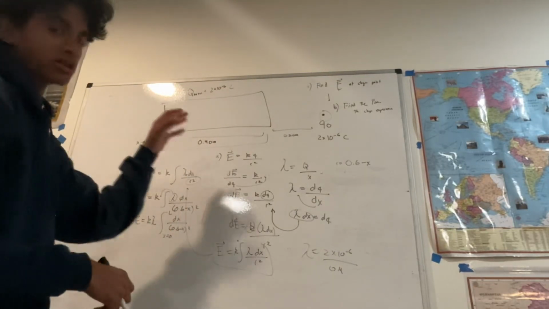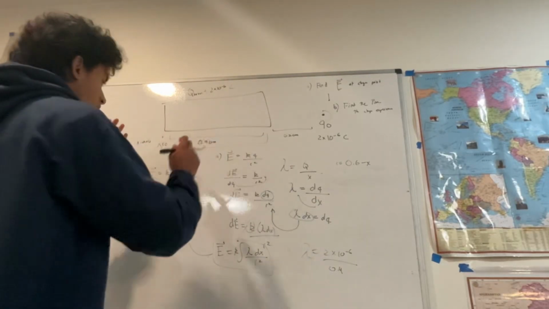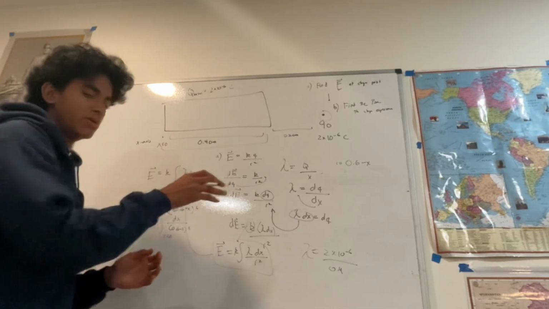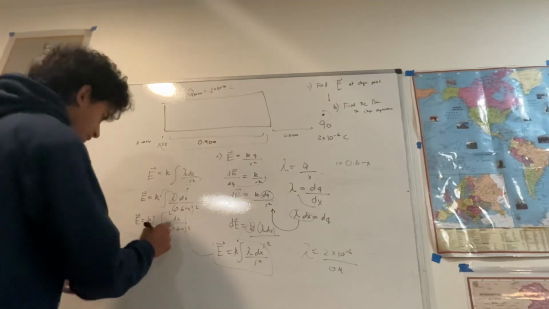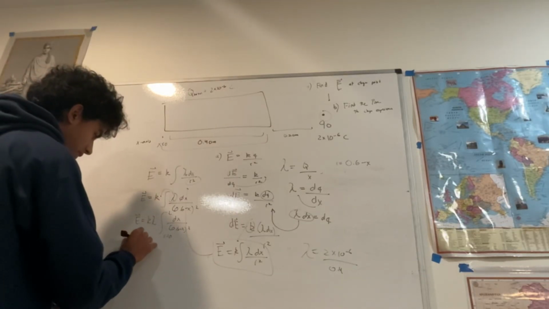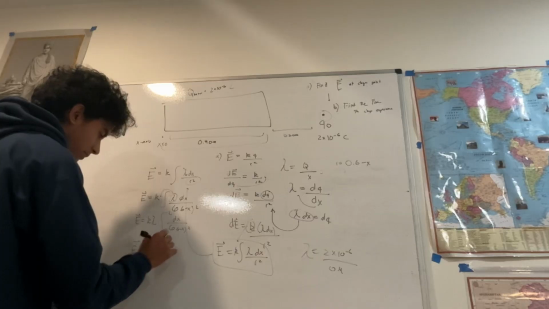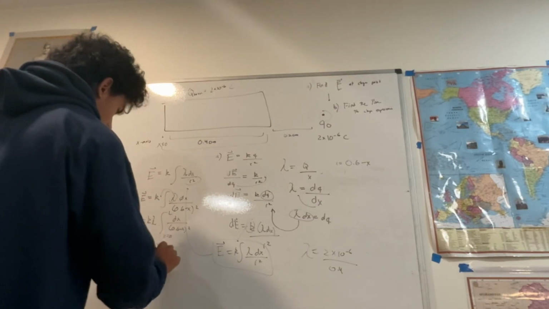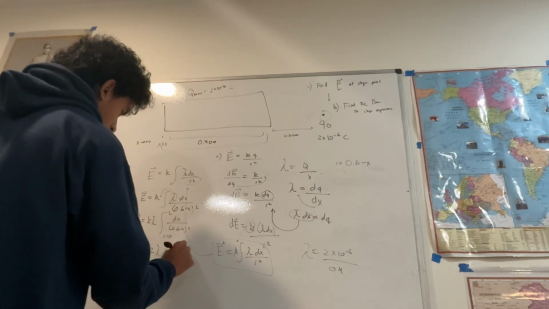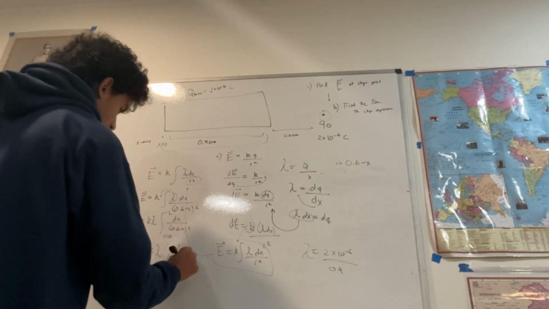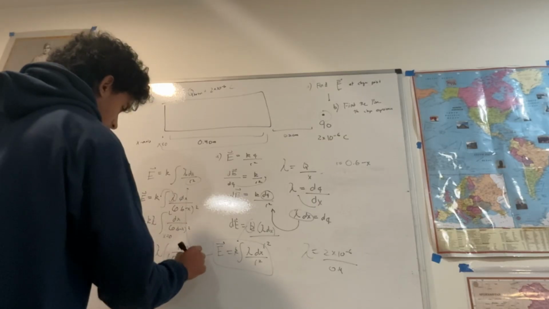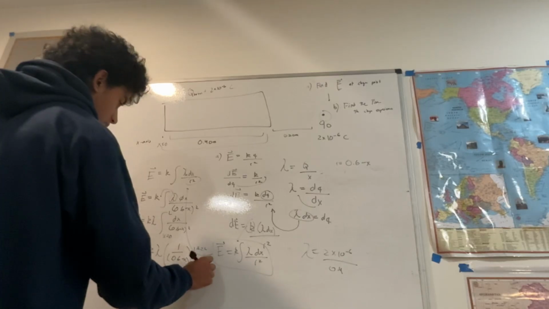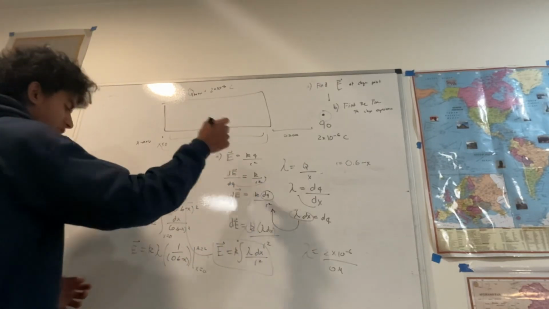So what is the electric field that this is producing? We're going to be integrating all the little dq's that this entire rod will produce. So given this integral, we can actually evaluate this. K lambda, and this is just a simple integral, so this just becomes 1 over 0.6 minus x evaluated from x equals 0 to x equals L. So we know that L is just the length of the rod, which is 0.4.